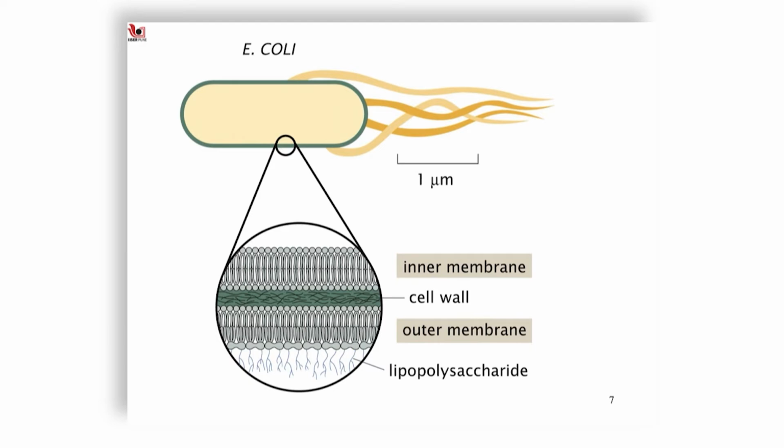In fact, in our classic model organism of E. coli, you can observe that we have both an inner lipid bilayer membrane and an outer membrane separated by a cell wall, usually peptidoglycan, and a lipopolysaccharide layer on the very outside.